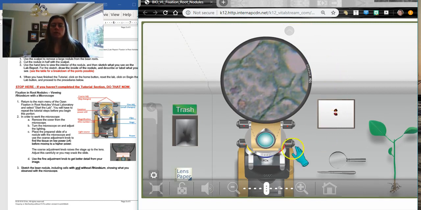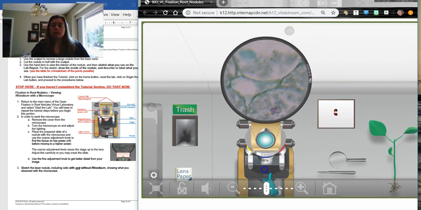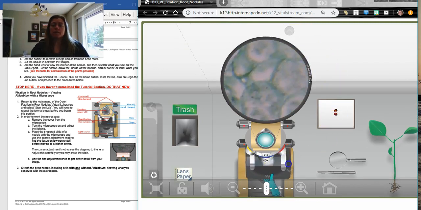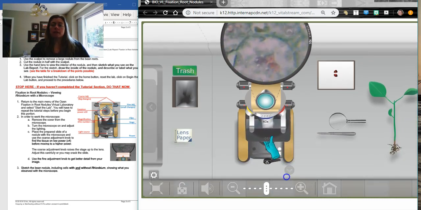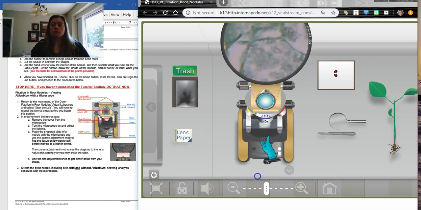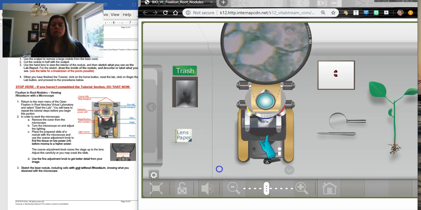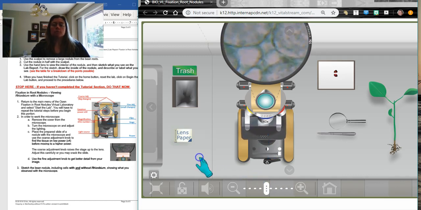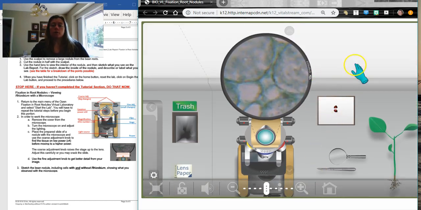So what you're looking for are the differences between the two kinds of cells. Some of the cells have an infection in them, which makes them swollen, and some of them don't. So when you're looking at those, you have to figure out which ones are infected with rhizobium.